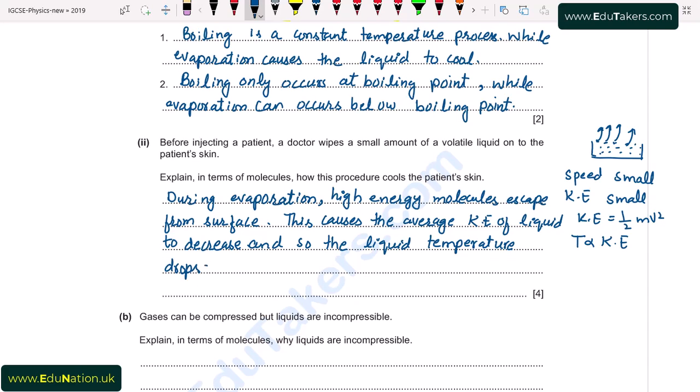Then heat is conducted from patient's skin. As a result, there will be cooling of the skin.